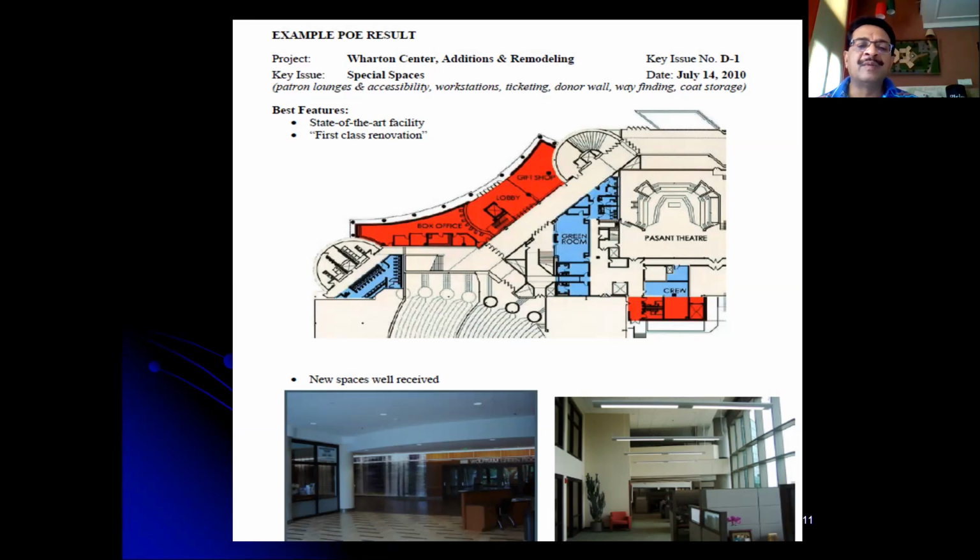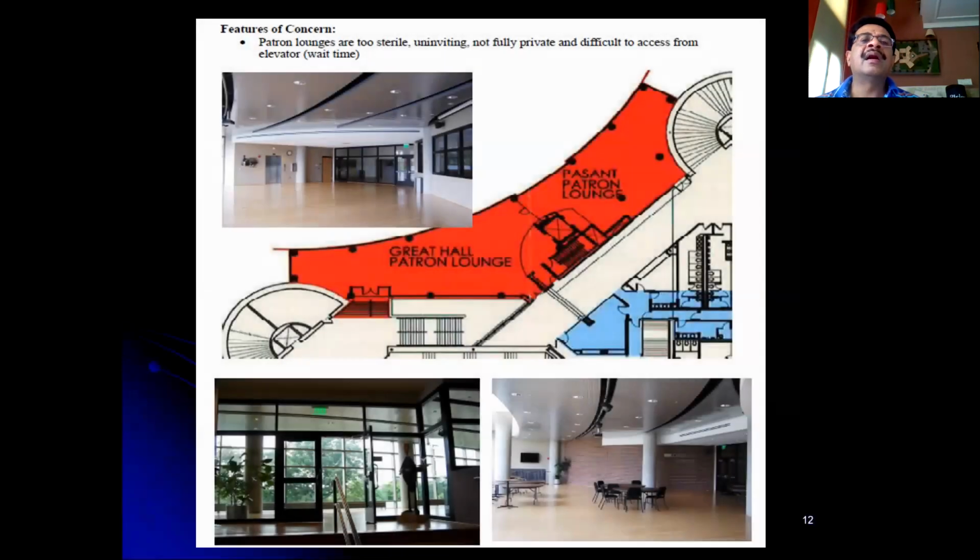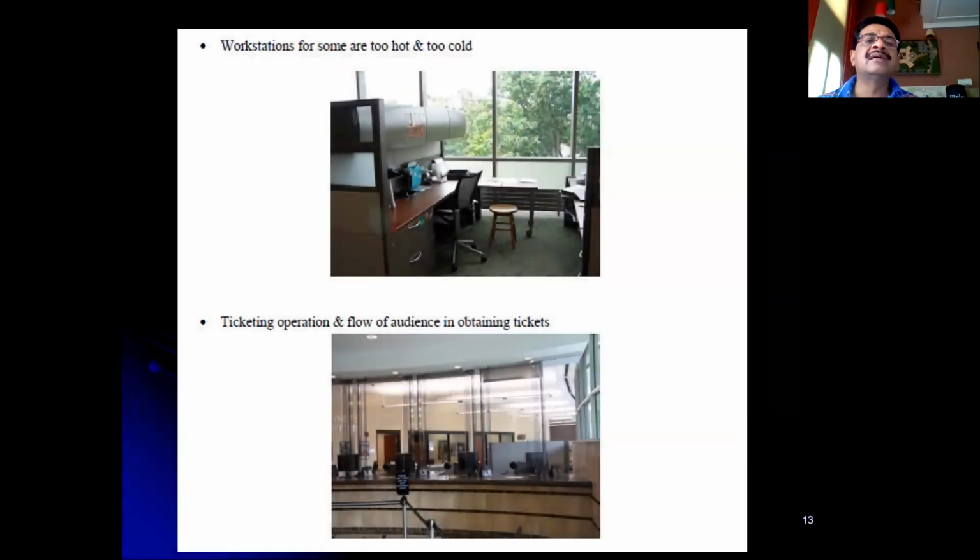So how the new spaces were received by the people, and now what happens is that the lounges were too sterile. You can see it is sparse with little furniture and uninviting and not fully private, and difficult to access from the elevator. So these were the issues reported by the people in the user survey.